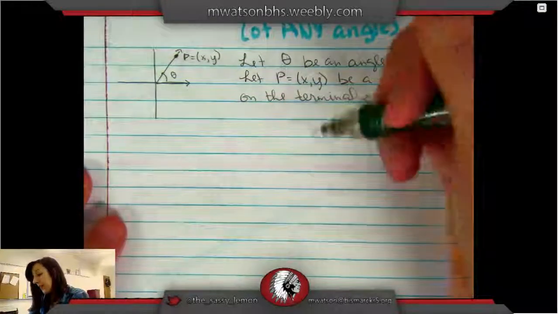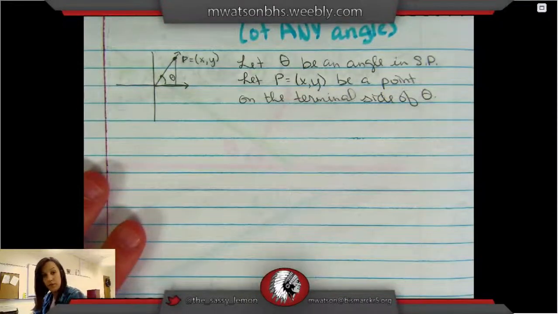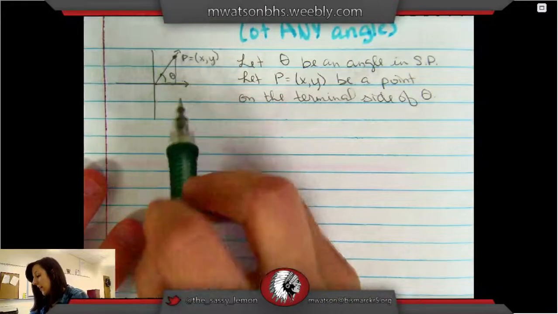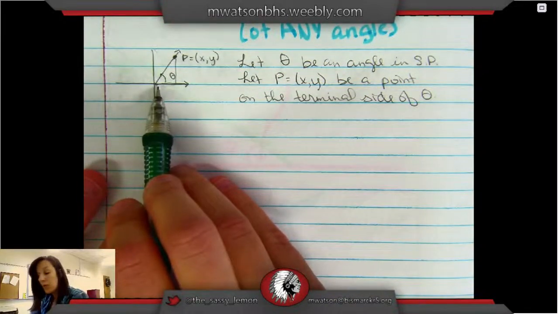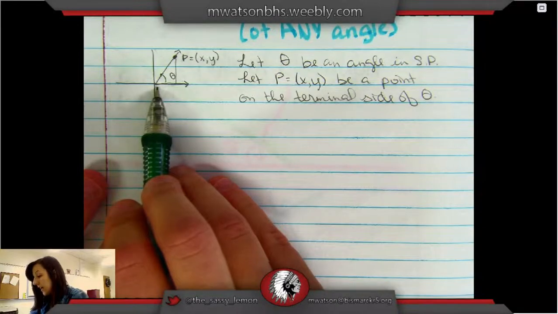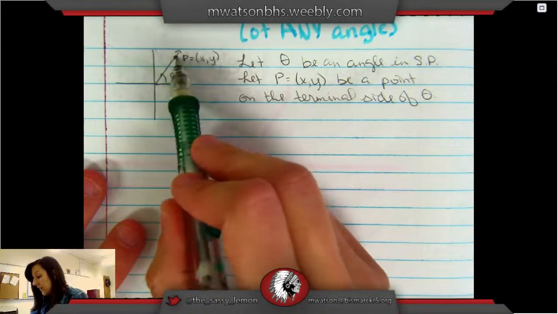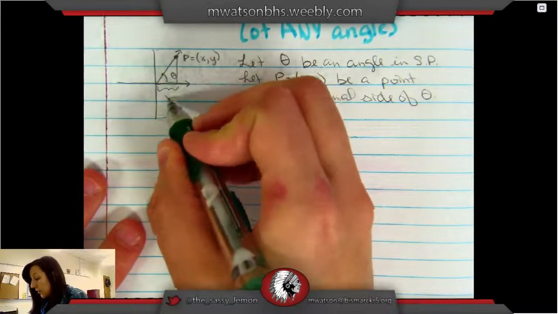And there's a couple of things I want you to notice here. Because of that, we can actually draw a triangle. Let's think about how long this bottom leg is. Since we're in a coordinate grid, and this point's x value is x, that means that this side is actually x units long.